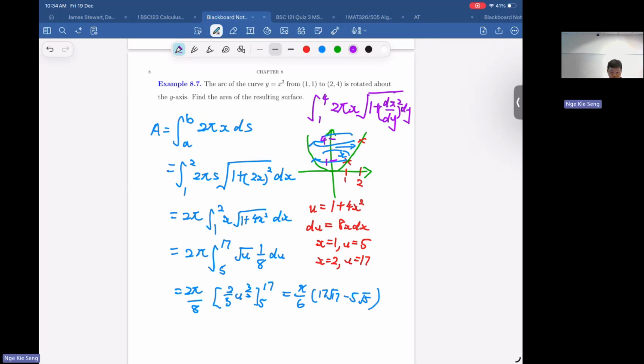Okay, you can try and use this. You should be able to get the same calculation. So x here becomes x equals the square root of y. So you will use x equals square root of y instead. You should be able to compute the same thing.